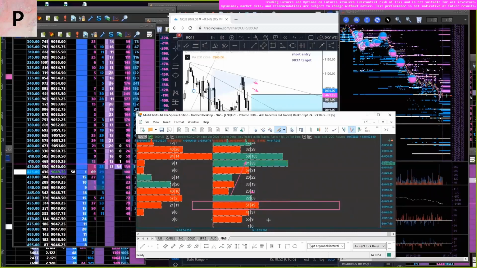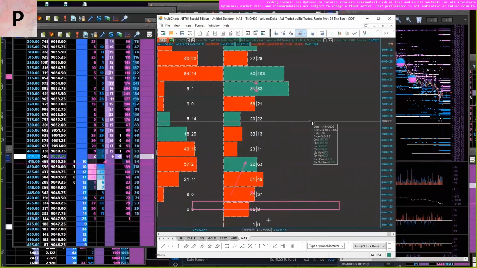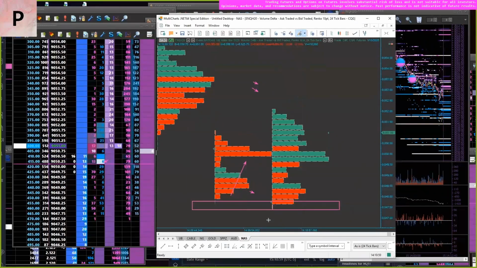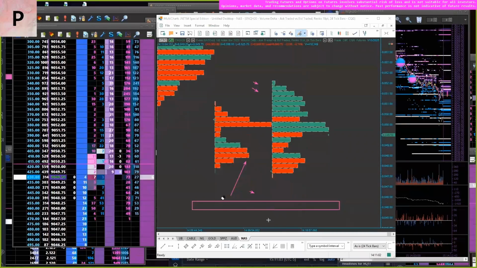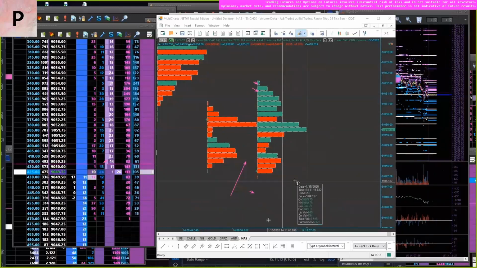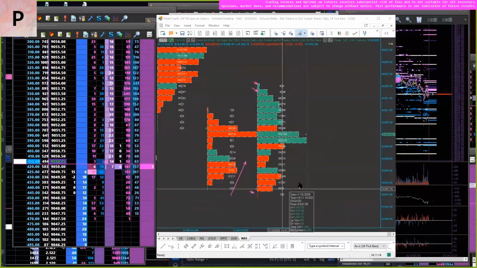Here you can see I'm showcasing the imbalanced footprint. What's really interesting is we've got a great example of high frequency double distribution appearing here, where on the current bar we have a large node sitting at the 50 level, meaning there's a lot of distribution going on where people are trying to figure out direction.